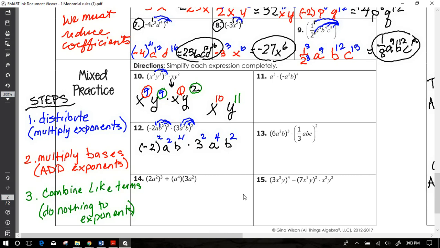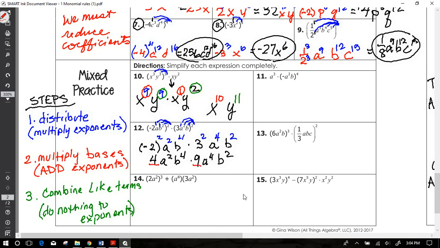Okay, what I'm going to do now is go ahead and do the multiplication rule. Okay, so -2 squared is 4. 3 squared is 9. And then I still have the a squared b to the 4th. And I have the a to the 4th b squared. Okay, now what I need to do is multiply all this stuff straight across.